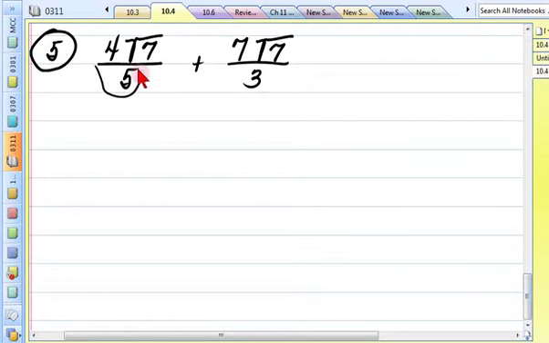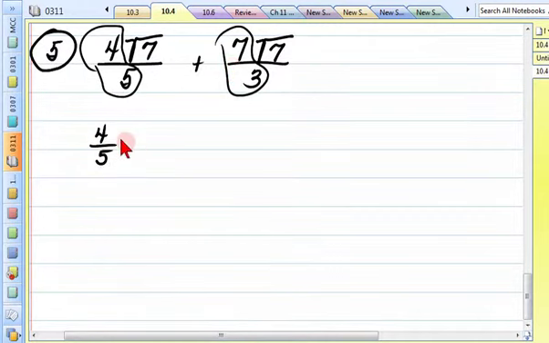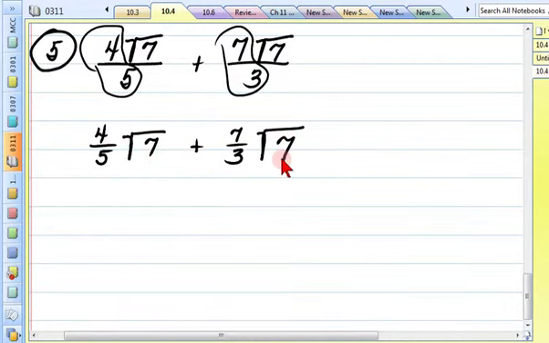Because if I grab the fractional coefficients and write them out in front, I have 4/5 times the square root of 7 plus 7/3 times the square root of 7. I can't simplify those radicals. Are they like radicals? Yes. So what I need to do is do the addition with their coefficients.